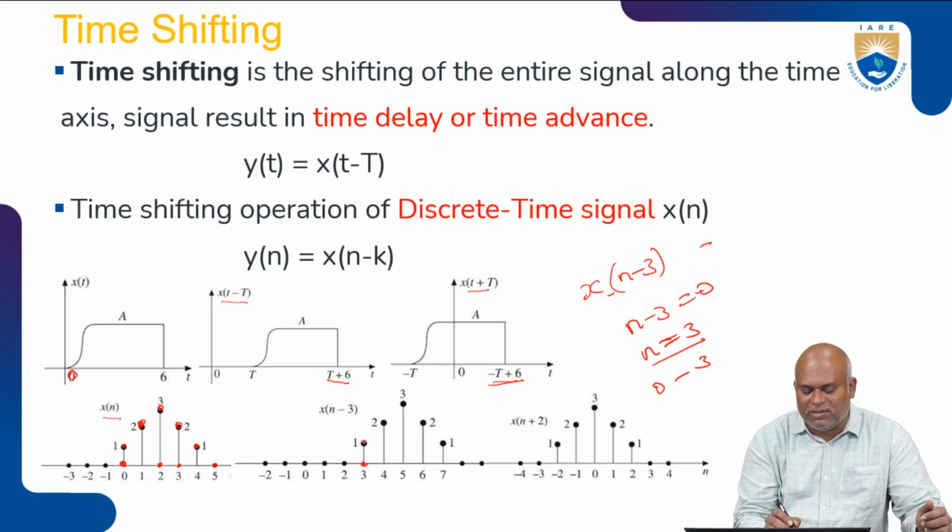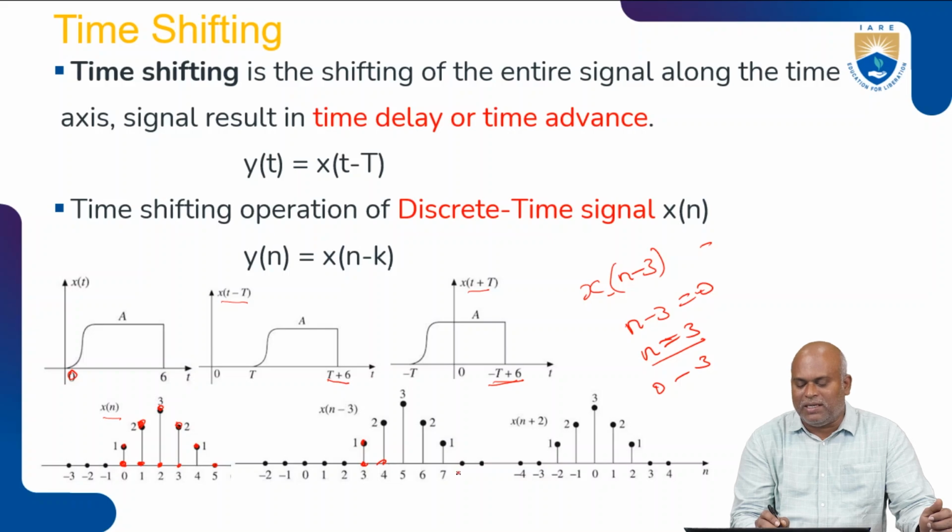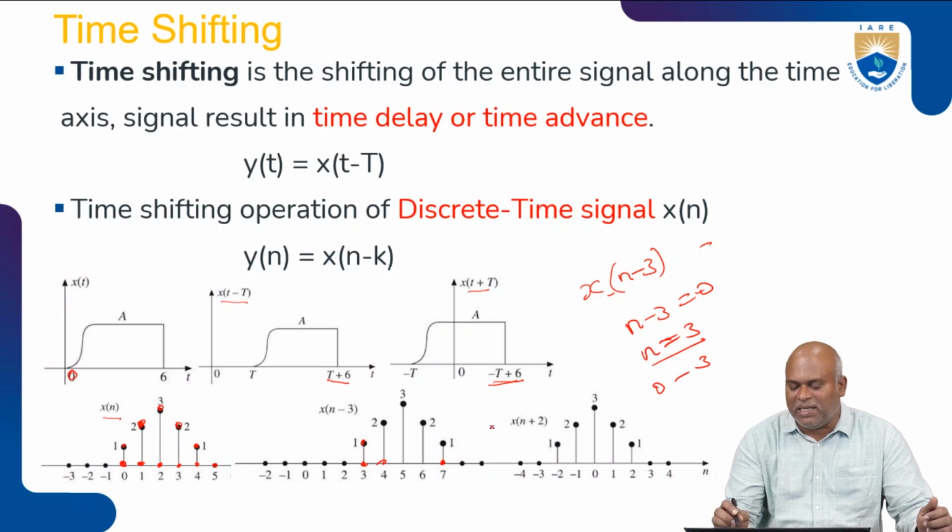Then the value 1 at position 0 plus 1, which is 3 plus 1, is 4, is shifted to the fourth position. In this way it will be shifted. At the end of the case, what will happen? The seventh one and the fourth one are similar. This means the discrete time signal is shifted by n minus 1, n minus 3.